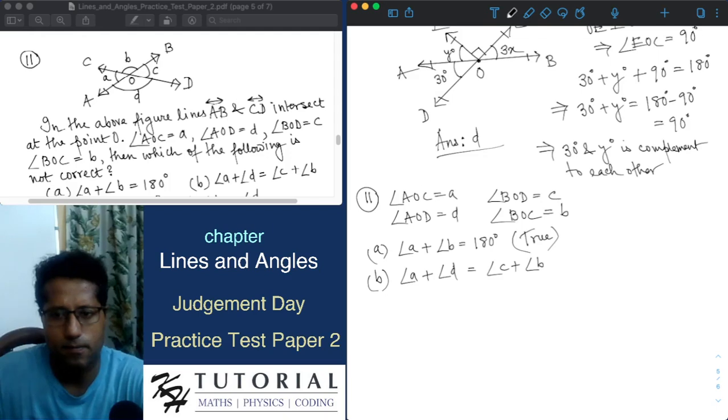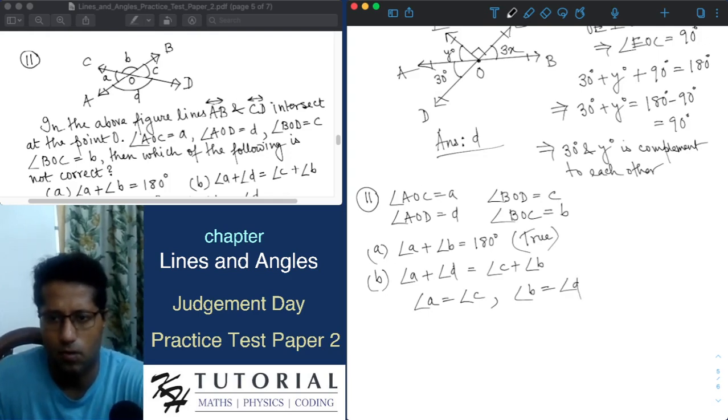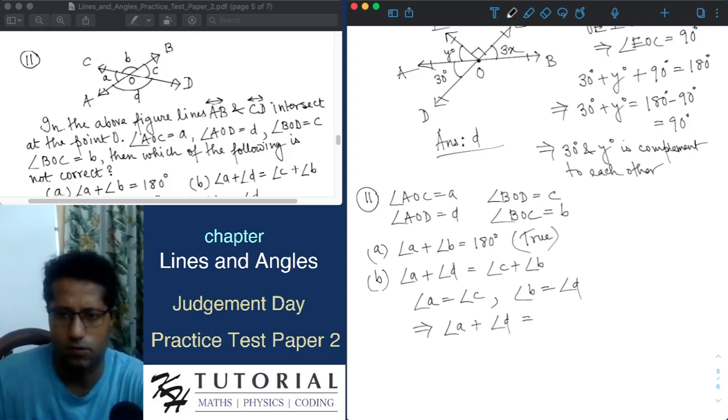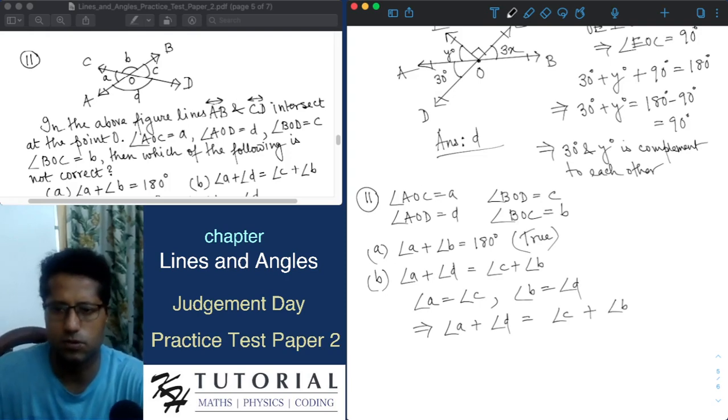Now we know that angle A equals angle C, and we know that angle B equals angle D. So definitely this will imply that angle A plus angle D equals, instead of angle A I will write angle C, and instead of angle D I will write angle B. So this is true.